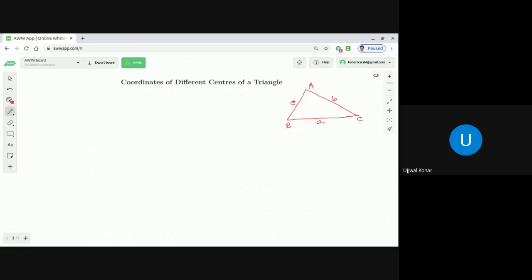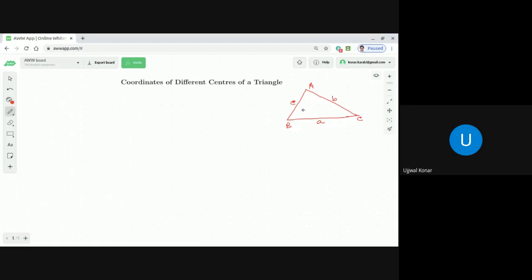Now, what are we going to find? We are going to find different centers. If you recall, there are different centers like centroid, incenter, excenter, circumcenter, and orthocenter. We'll discuss all these in detail, and we'll find the coordinates of those centers.